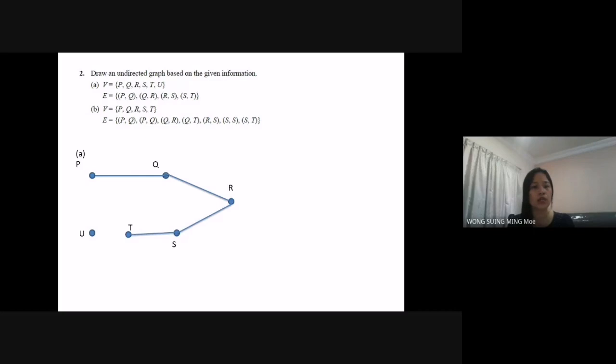Looking at the edges here, PQ, PQ: if there are 2 pairs of PQ, it means we have multiple edges. Understand? After that, QR, QT is one line, RS is one line also, then SS.